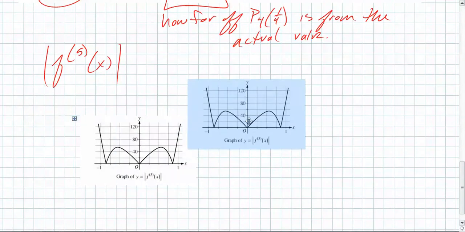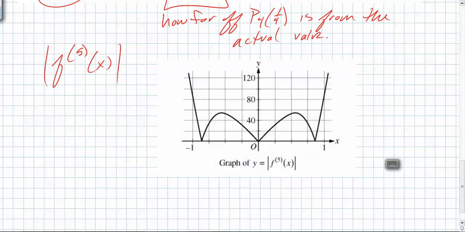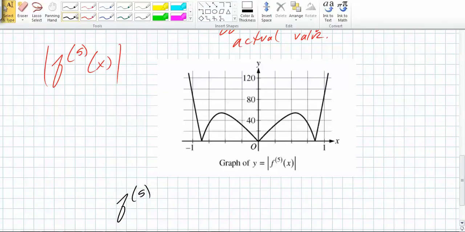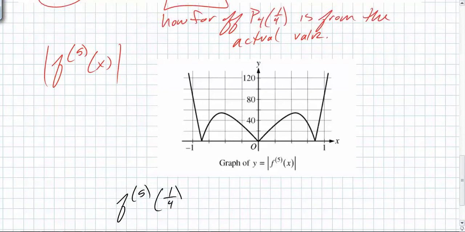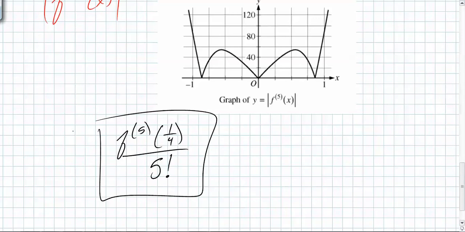Based on this graph right here, we know the next term in the Taylor polynomial, we're looking at f5 evaluated at 1/4 all over 5 factorial. This right here is going to be the error bound, exactly.